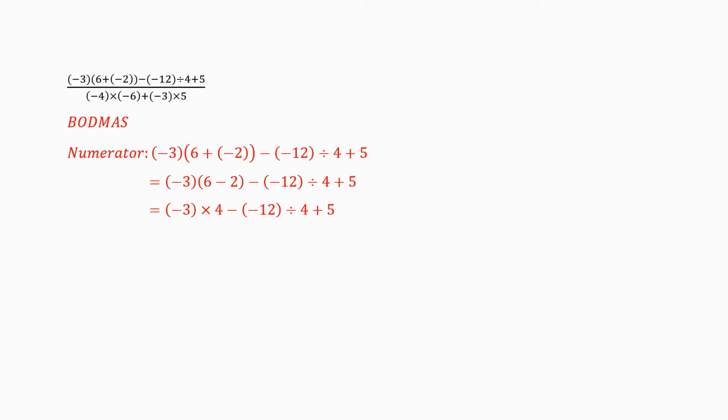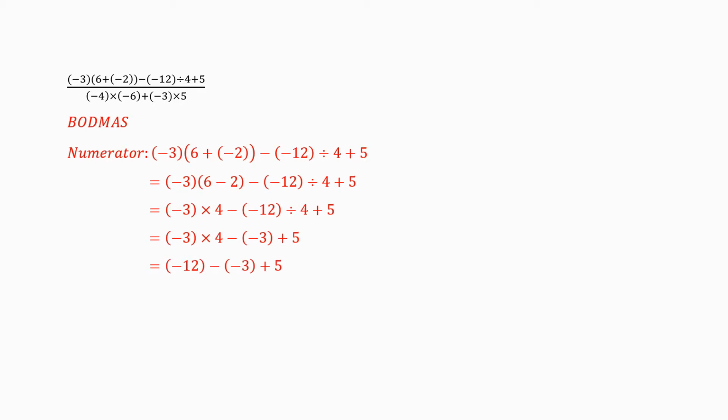We have -12 divided by 4, so that becomes -3, and therefore we have -3 times 4 minus -3 plus 5. Then multiplication, -3 times 4 is -12. So we have -12 minus -3 plus 5.